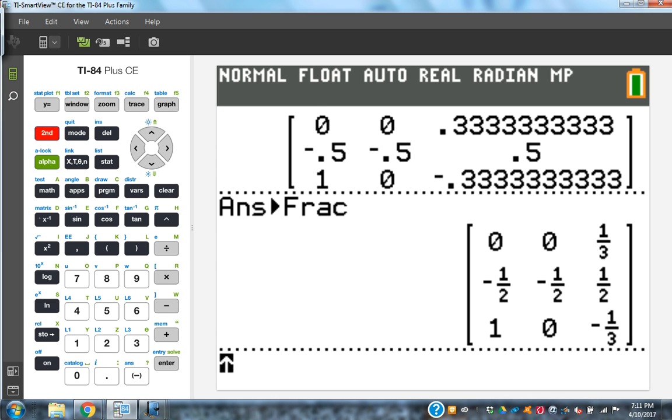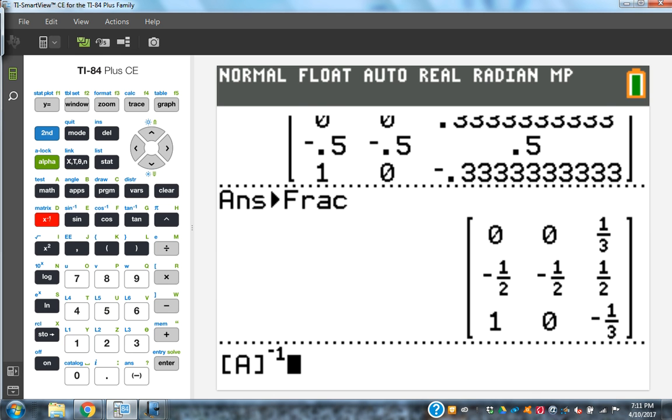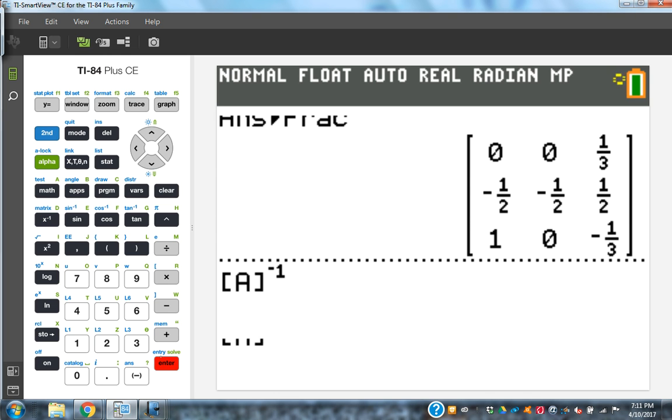Quit, and then I'm getting the matrix that I used, and then hitting the inverse button, which is right underneath the math button right there, x to the negative 1.